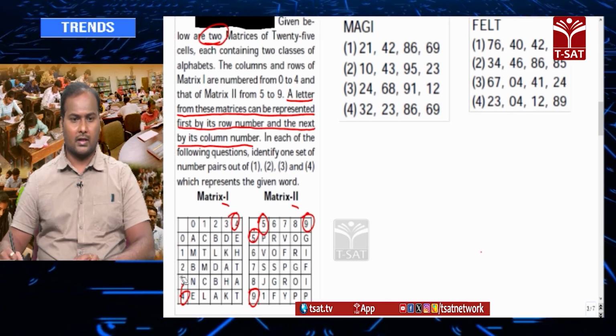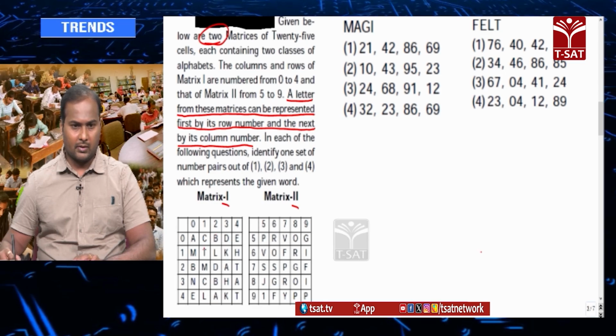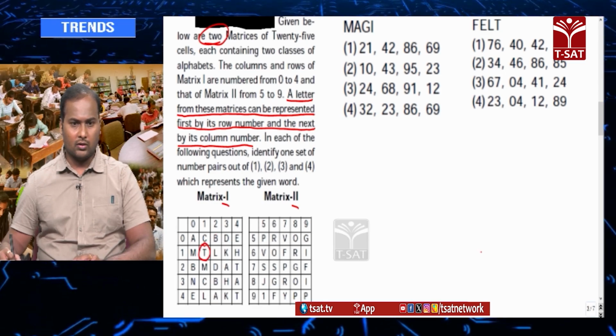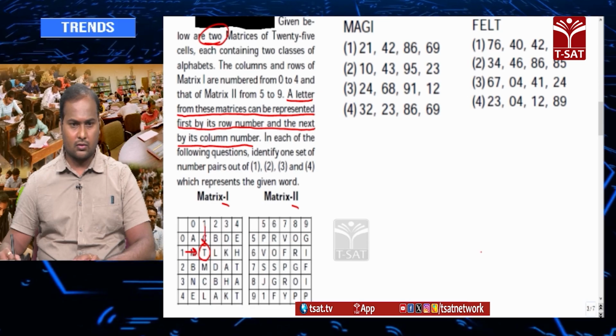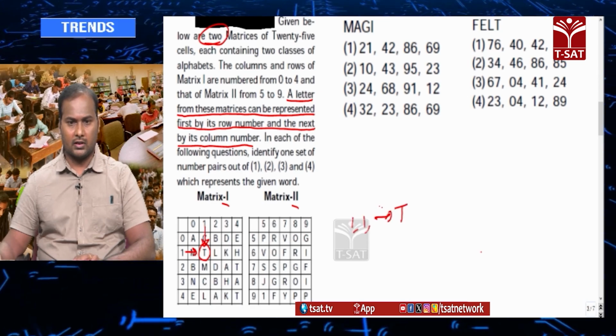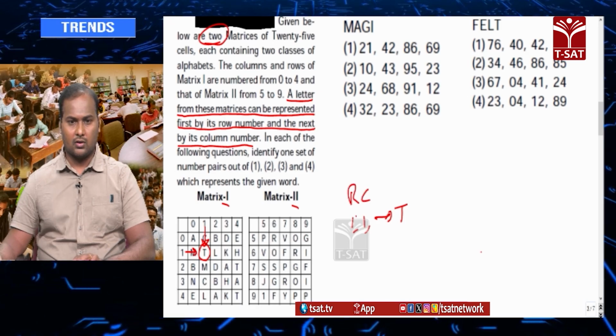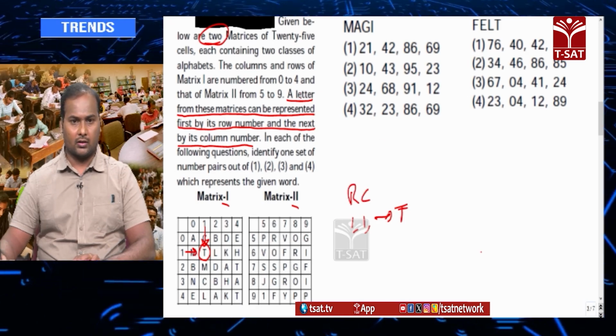For example, if I am taking T here, how can this T be represented? First by its row and next by its column. So I can say 1, 1 is T, that is row and column. So row 1 and column 1 represents the letter T.